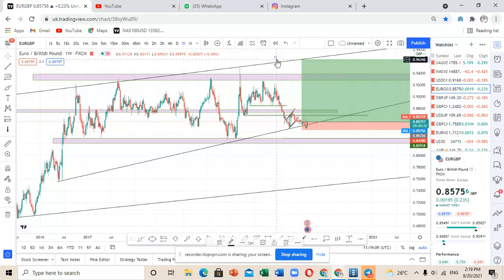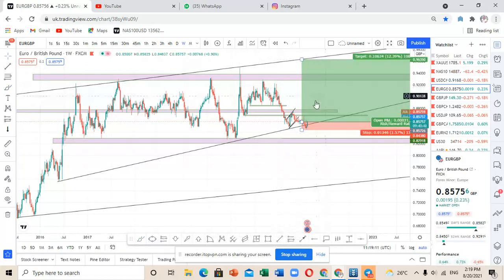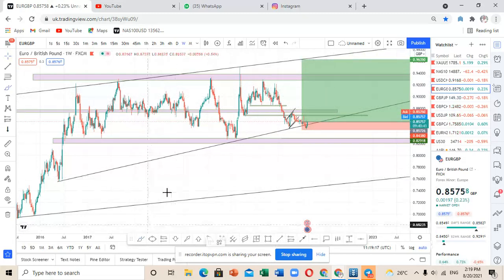Just to explain why I've placed a long position on the weekly time frame: the market made double touches here, which was a near touch to this trend line. Then it went above, broke this point of support, made a breakout out of this point of resistance, touched this trend line above, came to this point of support, went above it, then came back, broke through this point of support, and settled into this trend line.